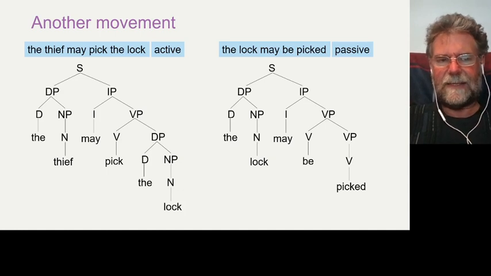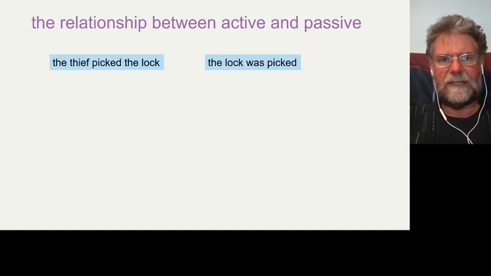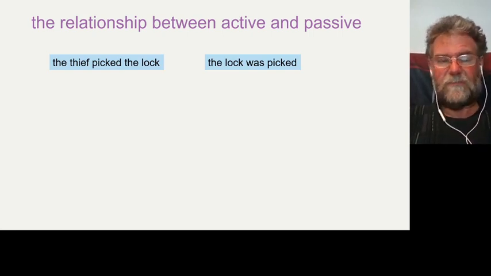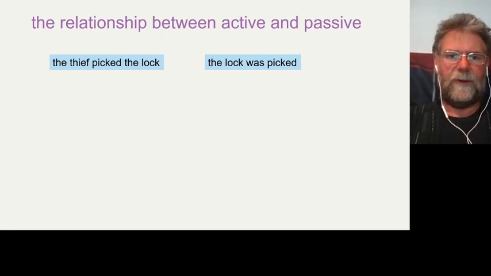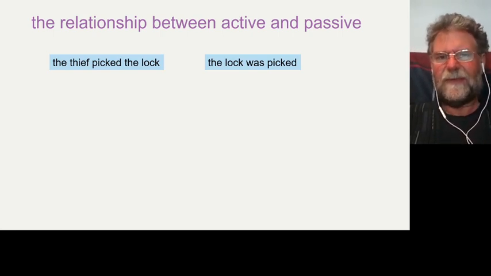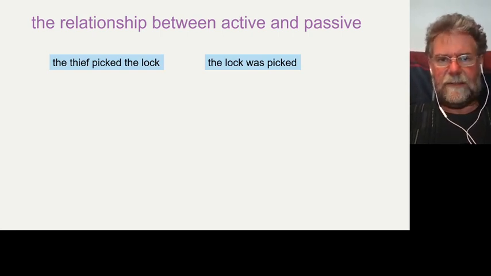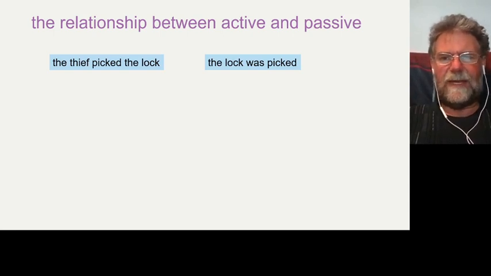What is it that relates active and passive sentences? Well, if we have a look at the sentences, we can see one thing they've got in common is that they use pretty much the same sorts of words. We've got, as I said before, the verb to pick there, we've got the lock in both cases. There are some things in one that are not in the other, but they're made from the same kinds of words. So, presumably, that's the reason that the two sentences are similar, related to each other, having similar meanings.